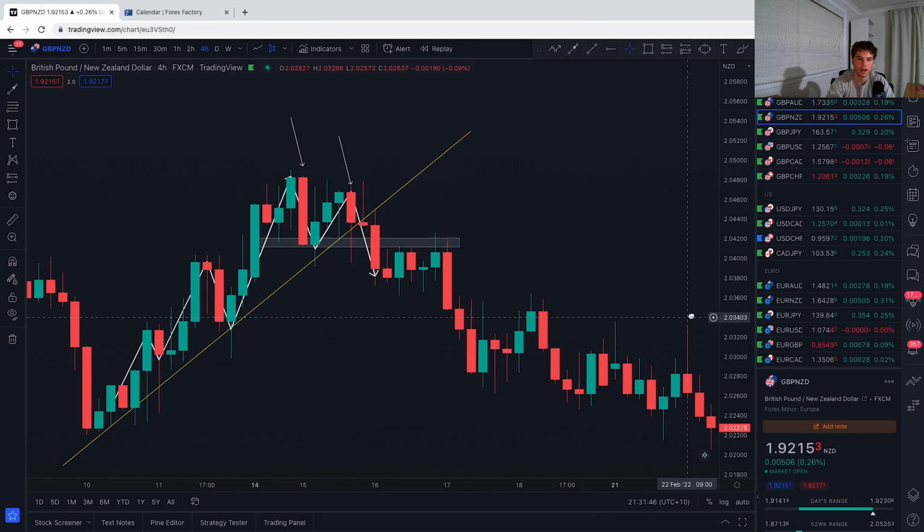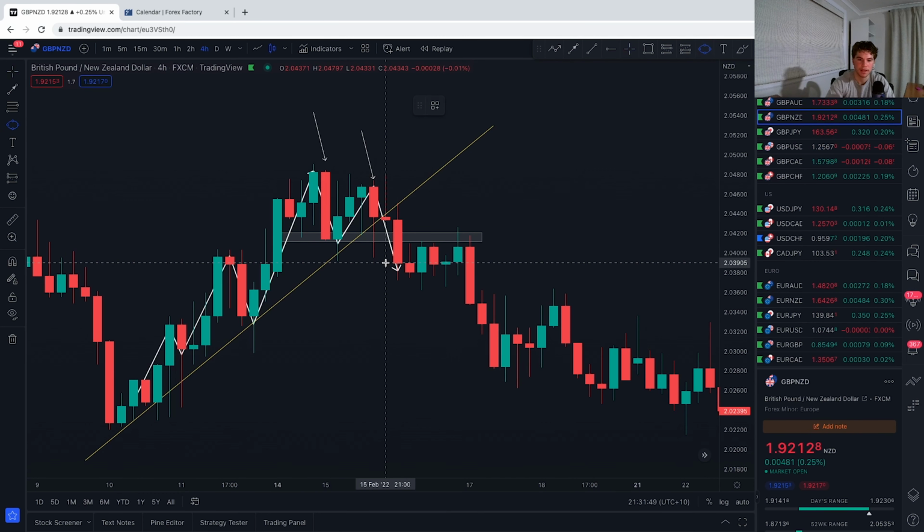So as soon as price breaks this higher low structure, this one right here, and we see price close below this level, we can start looking at price to push back to the previous higher low right here, and then entry. What do we see happen? Price pushes down. We even see a little double top here.